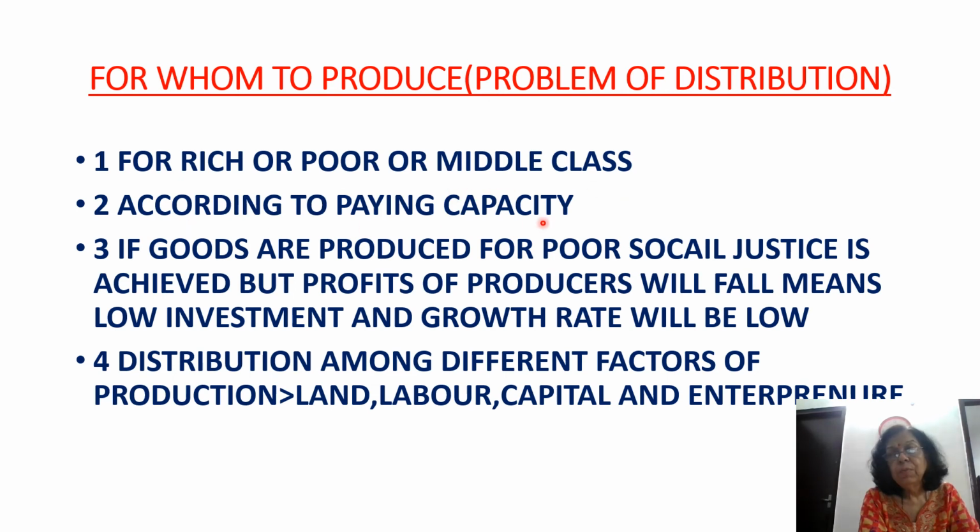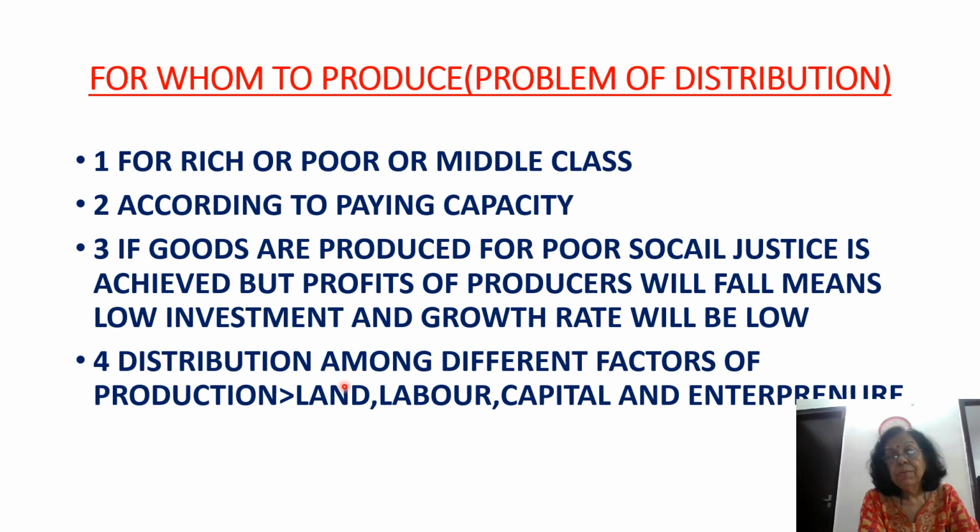Then according to paying capacity, if the country is rich, they would produce luxury goods. And if the country is poor, then they'll have to think about poor people. If goods are produced for the poor, social justice is achieved, but profit of the producer will fall, meaning low investment and low growth rate.